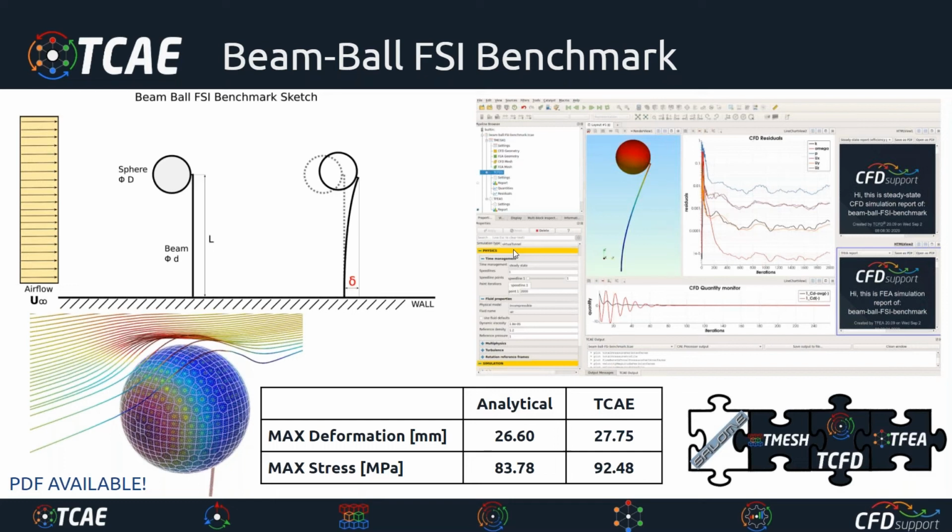The particular goal of this study is to investigate and compare the deformation of a beam. There's a beam which is fixed on the floor with a ball at its end, and this beam with the ball is stressed by the airflow flowing around it.